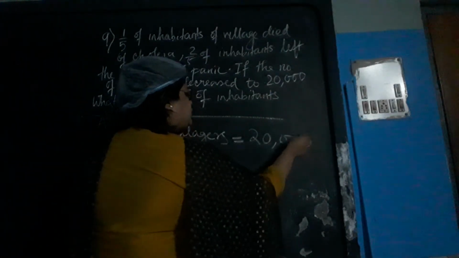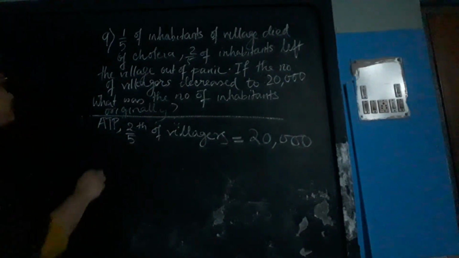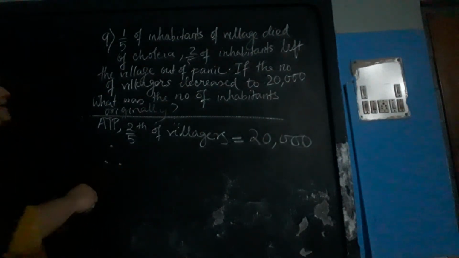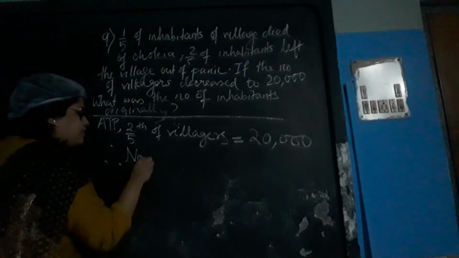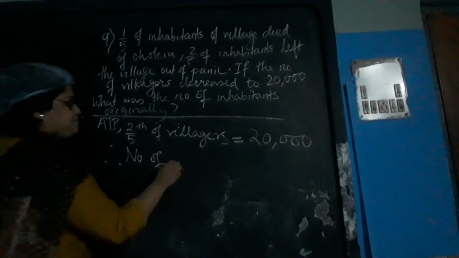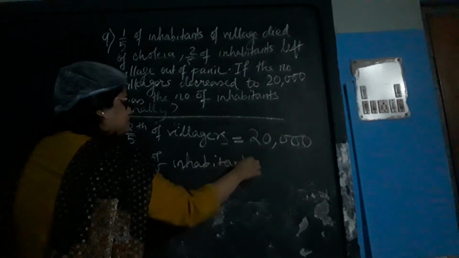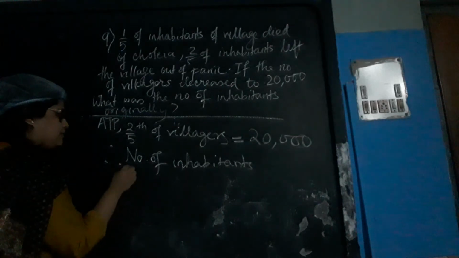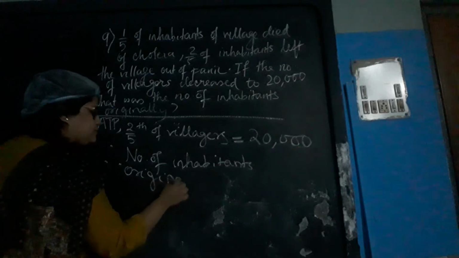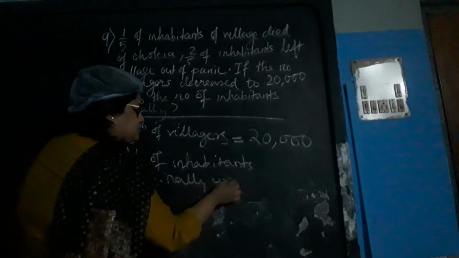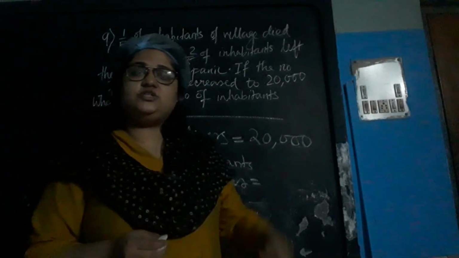So 2/5 of the total means only 20,000 villagers. Therefore, you have to find what was the number of inhabitants originally. So you are finding what was the total number of people in the village before.